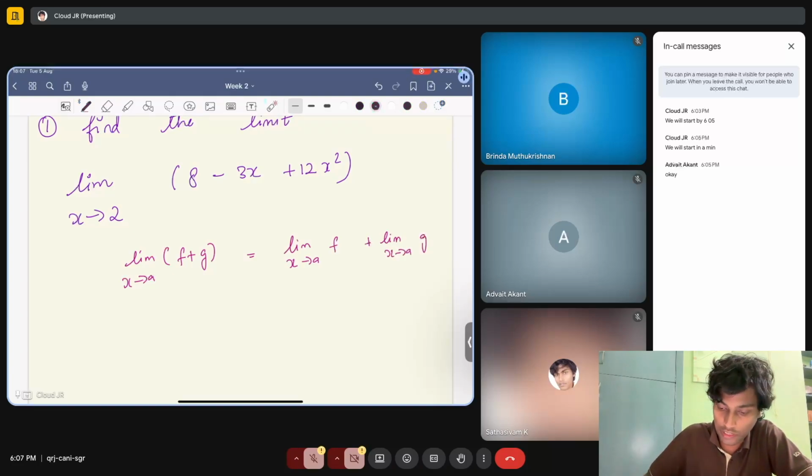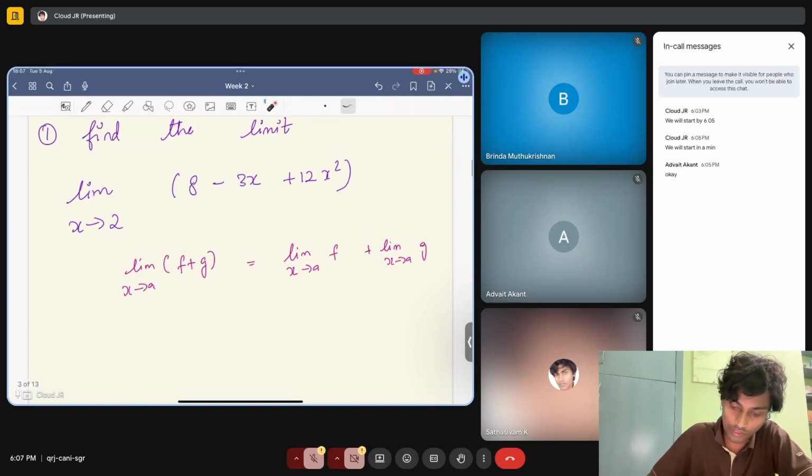So you can split the limit like this, and apply the limit on both of these separately.